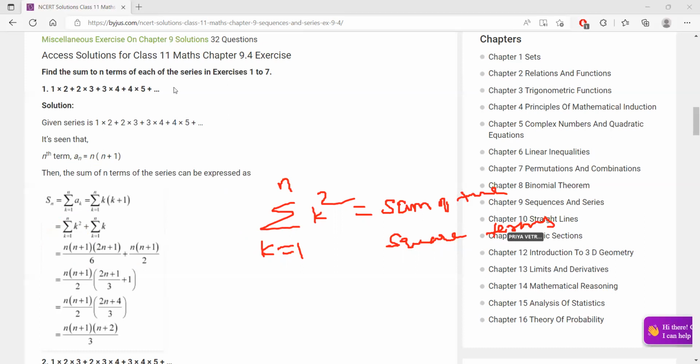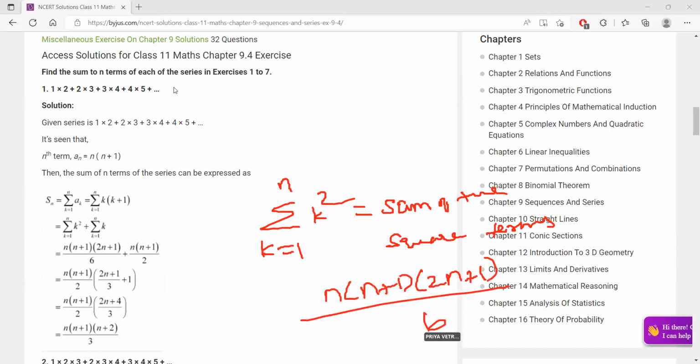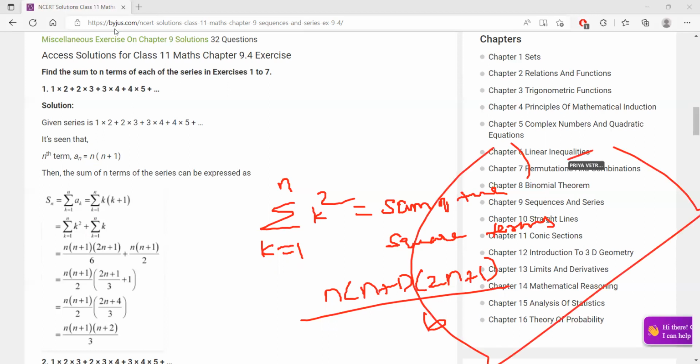And we do have a formula for the sum of the square terms. You have to learn this by heart, which is n into n plus 1 into 2n plus 1 divided by 6. Okay, please note it down.